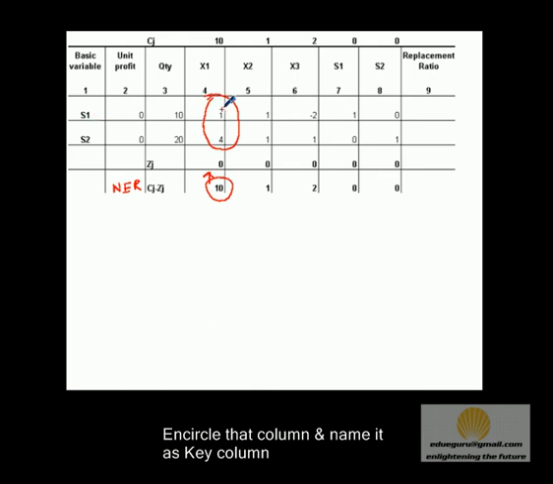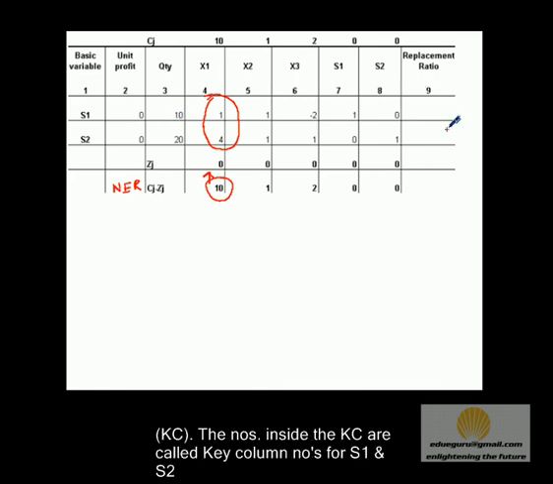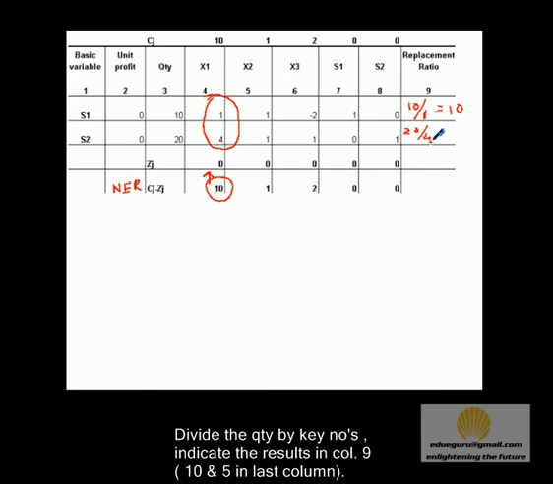For slacks, S1 is 1, S2 is 4. Now for the replacement ratio, divide the quantity by the key column number: 10 divided by 1 gives 10, 20 divided by 4 gives 5.